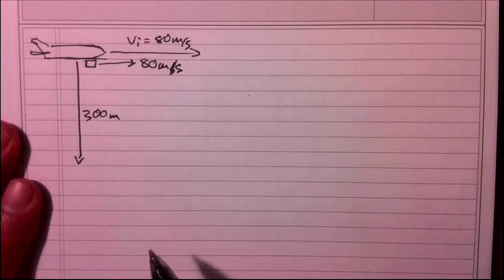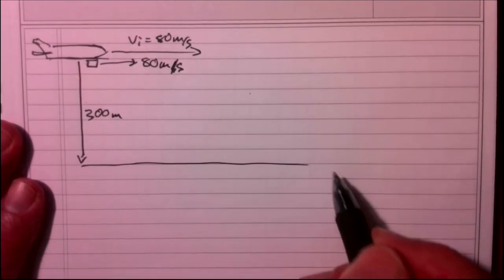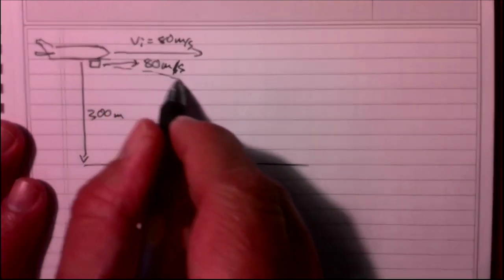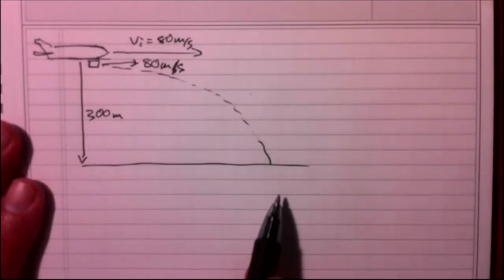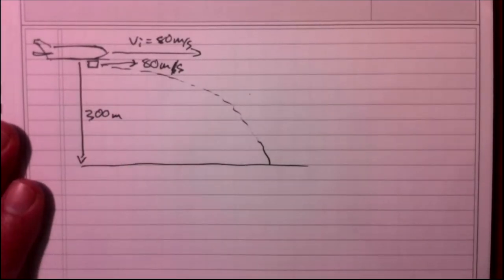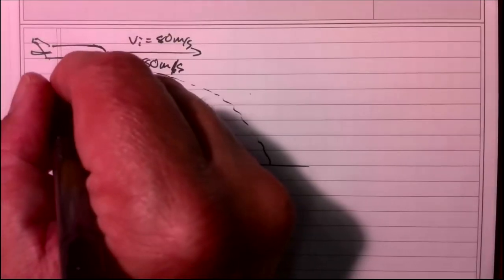Now, how do you solve this problem? If I ask, how far does the package travel before it hits the ground? Well, first of all, the package is going to fall down something like this. The way you go about this problem, there are 2 steps. First, you have to solve the Y problem.